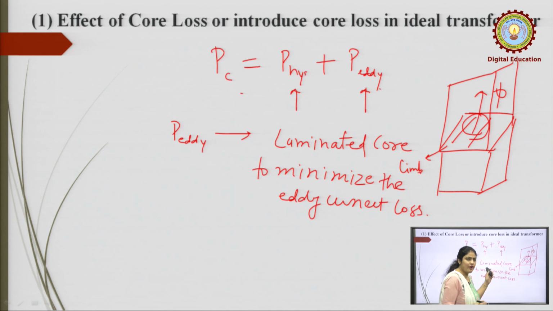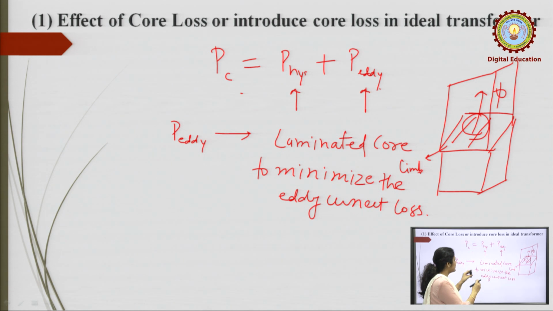The formulas of the eddy current loss and the hysteresis loss we will take up in the coming classes, but right now I am just giving you a brief idea of how this core loss will affect the working of the transformer.